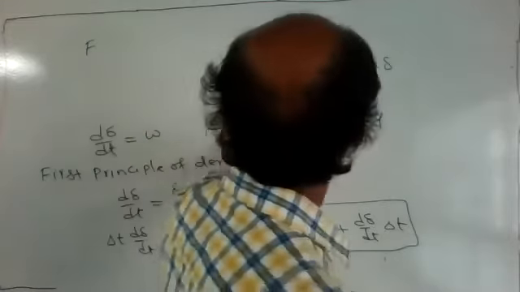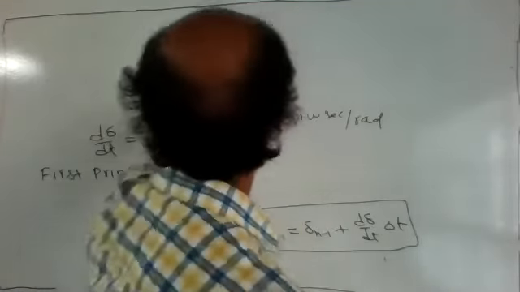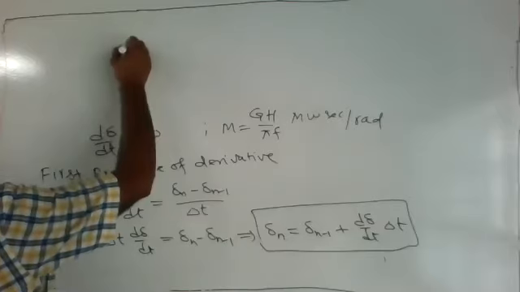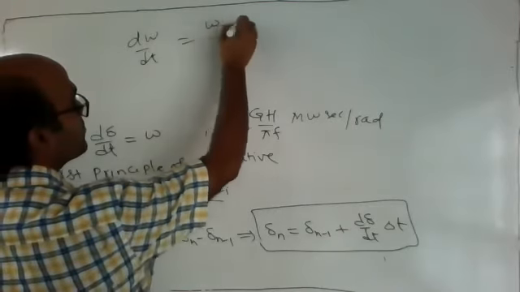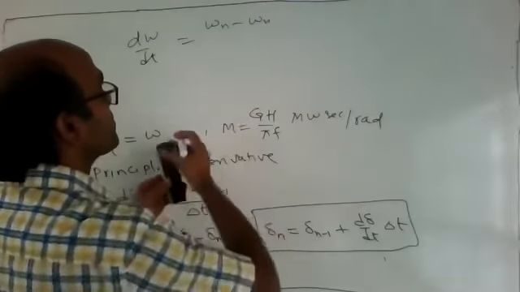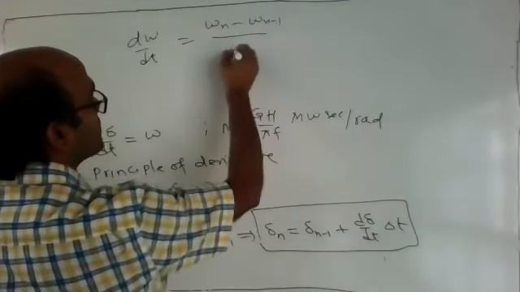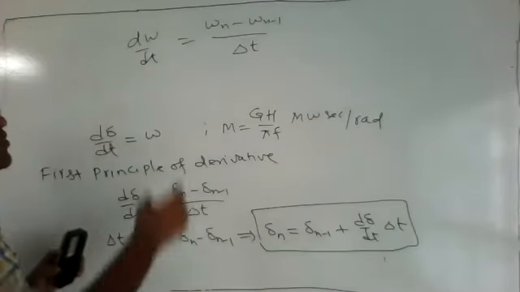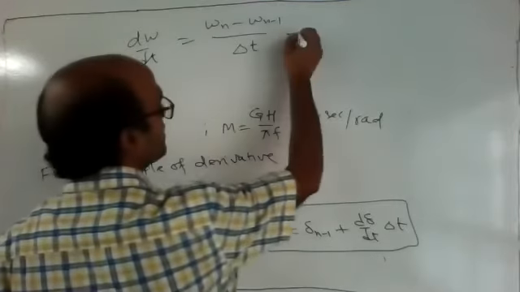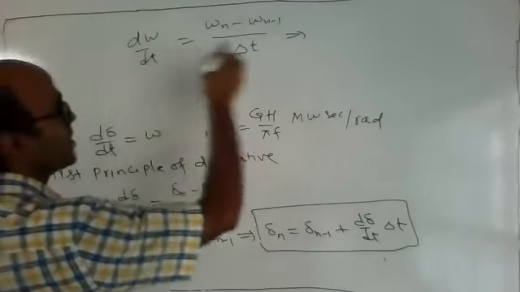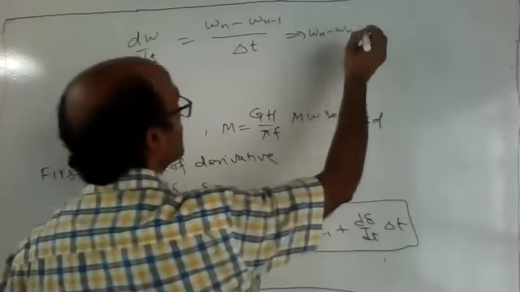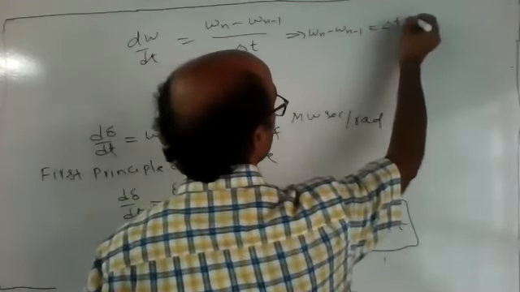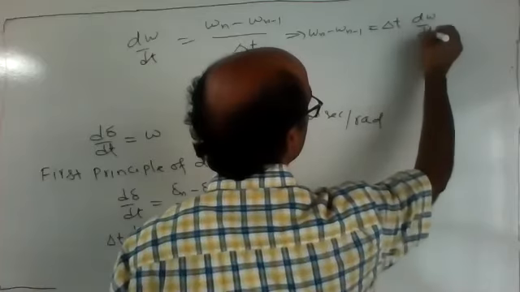So if I write d omega by dt, it is omega n minus omega n minus 1 divided by delta t. From here, what is omega n? Cross multiply, then omega n minus omega n minus 1 equals delta t into d omega by dt.